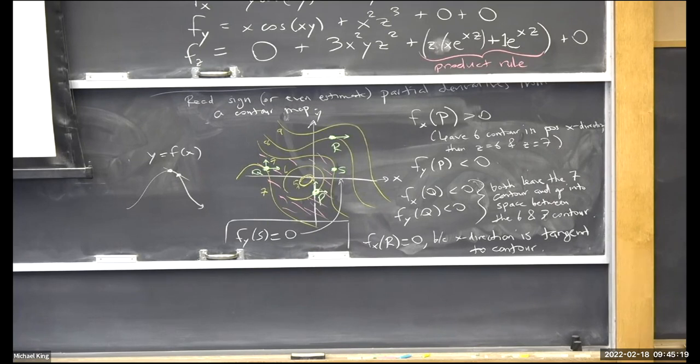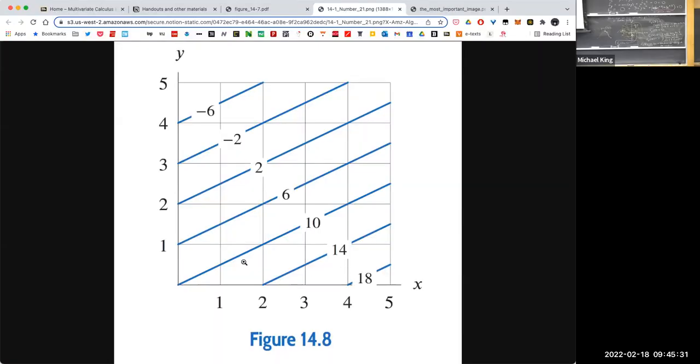And then I guess another thing I wanted to say, this is from section 14.1, is you could also estimate, I mean, already the contours are straight lines. That's the thing to think about. If you zoom way in on a contour map, the contours will become straight lines, right?